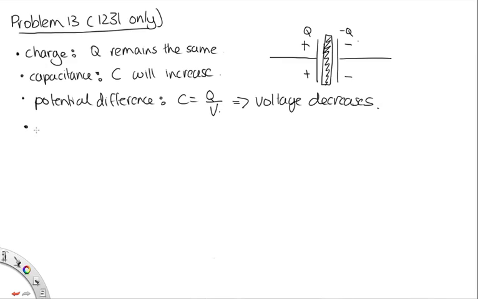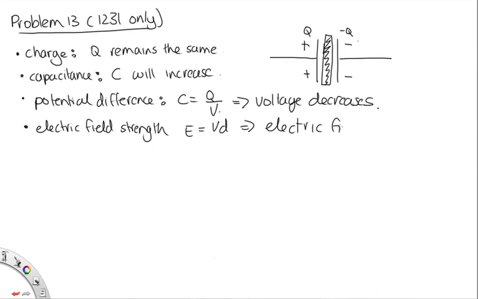To the electric field strength, E is equal to V on d in a constant electric field, which is what we have in here. We're not changing the distance between the plates. V is decreasing, so the electric field decreases.